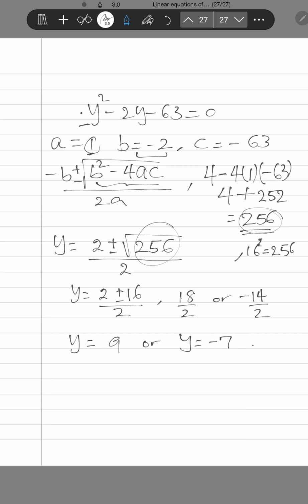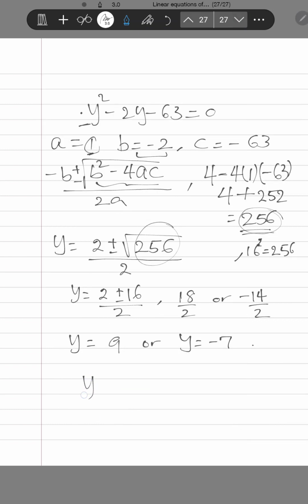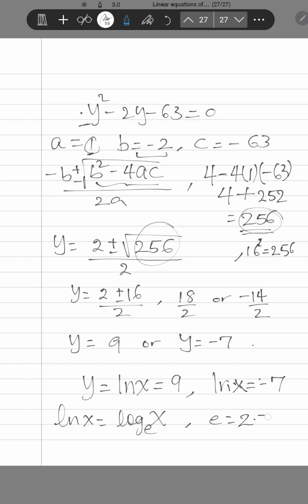Now we have y. We still need to work on the x value. We need to remember the substitution we made, which is y is equal to ln x. So ln x is equal to 9. That is one part. The other one, ln x is equal to minus 7. Ln x is just a natural logarithm of x with base e, where e is roughly 2.71.